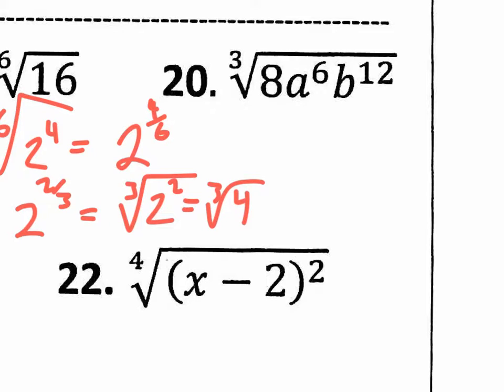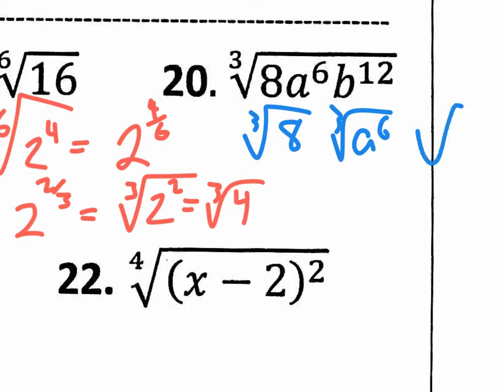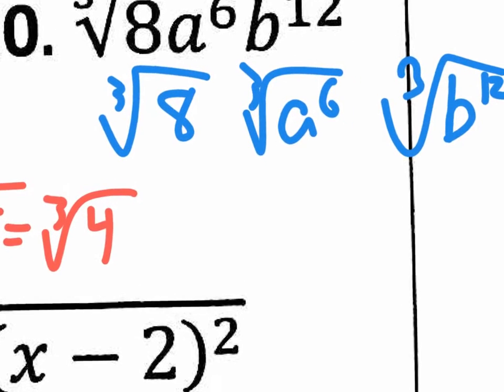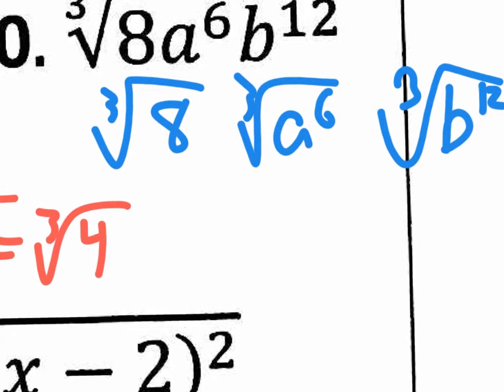Number 20. Again, we could split up all these terms on the inside. So you could have the third root of 8, the third root of a to the 6th, and the third root of b to the 12th. And now on each one of those, you could simplify them. What's the third root of 8?